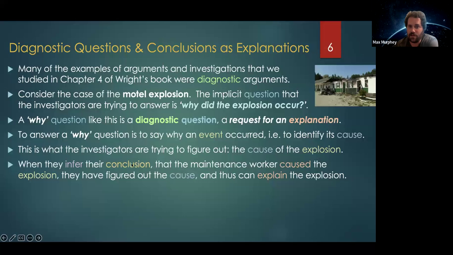When they infer their conclusion that the maintenance worker caused the explosion, they have figured out the cause, and thus they can explain the explosion, which is what everybody wants to know. Why did the explosion occur? Their answer is the maintenance worker caused it.